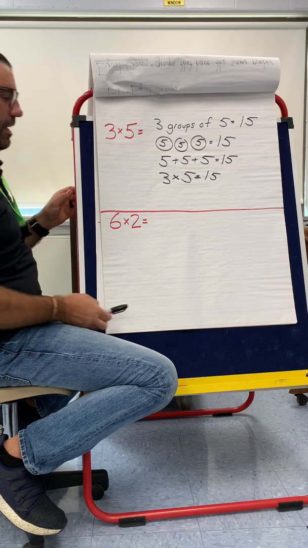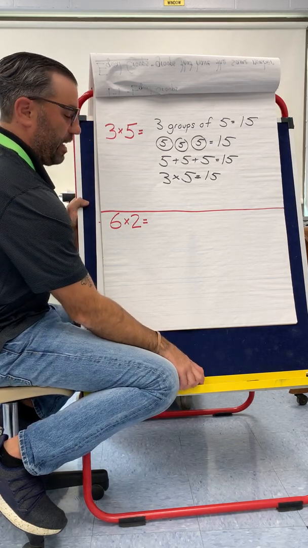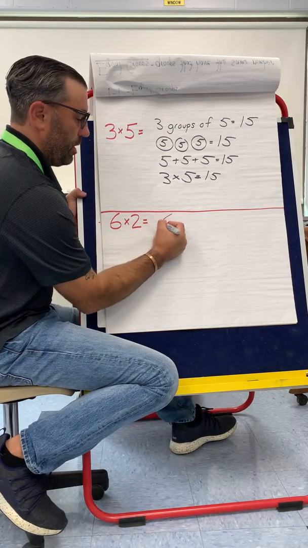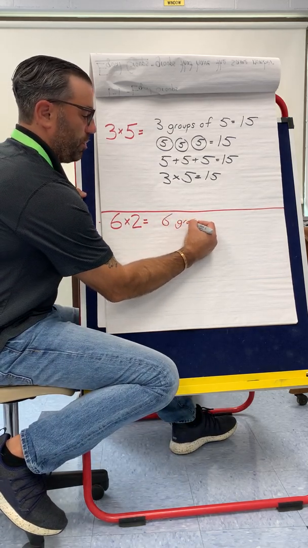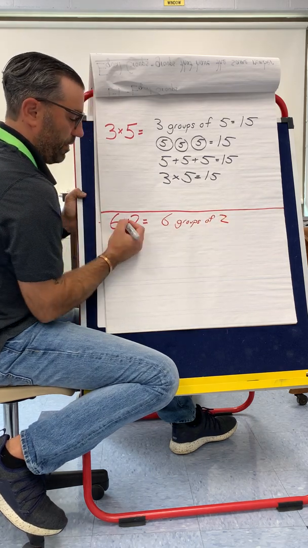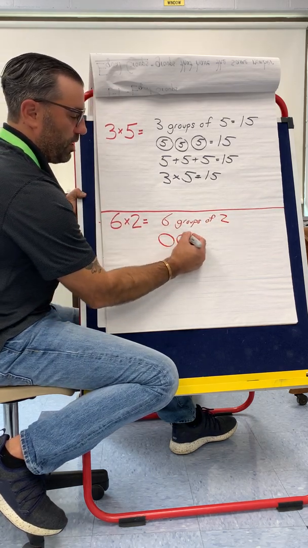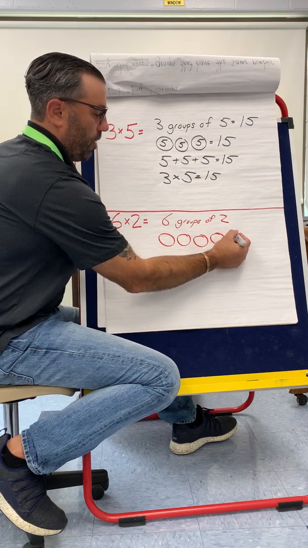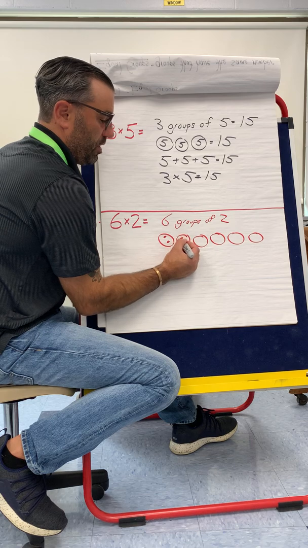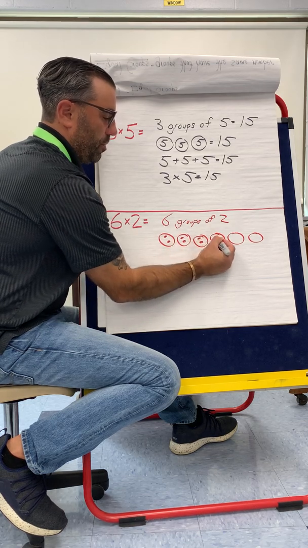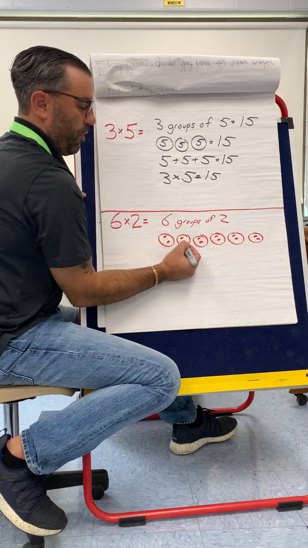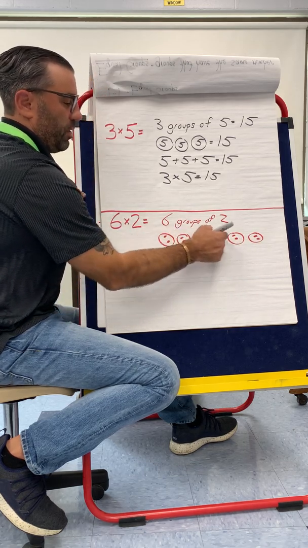So let's do 6 times 2. 6 groups of 2, right? 6 times 2. 6 groups of 2. So I have 6 groups: 1, 2, 3, 4, 5, 6 groups with 2 in each group.